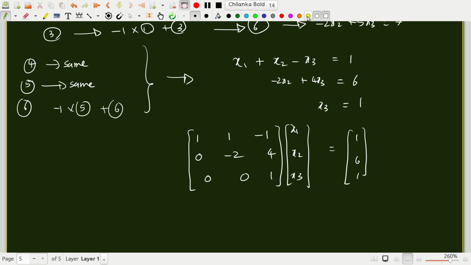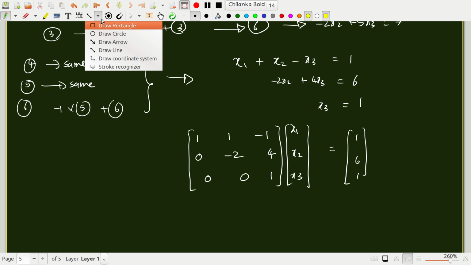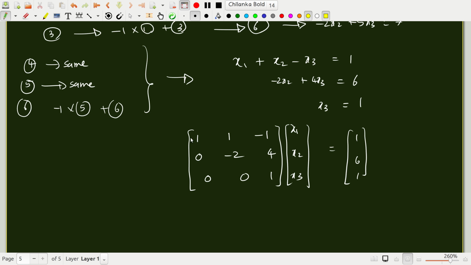Now this pattern is called an upper triangular matrix, because all the entries below the diagonal are 0, while the entries above the diagonal are in general non-zero.